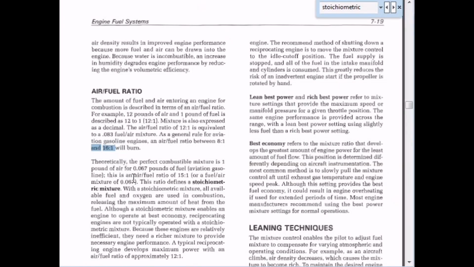Jadi masa zaman dulu lah orang Air Force tu, dia pergi ambil aviation gasoline ni, dia masukkan dalam enjin diorang. Jadi dapatlah minyak free. Tapi enjin cepat panas lah. Pasal apa? Aviation gasoline ni dia banyak tenaga per pound.